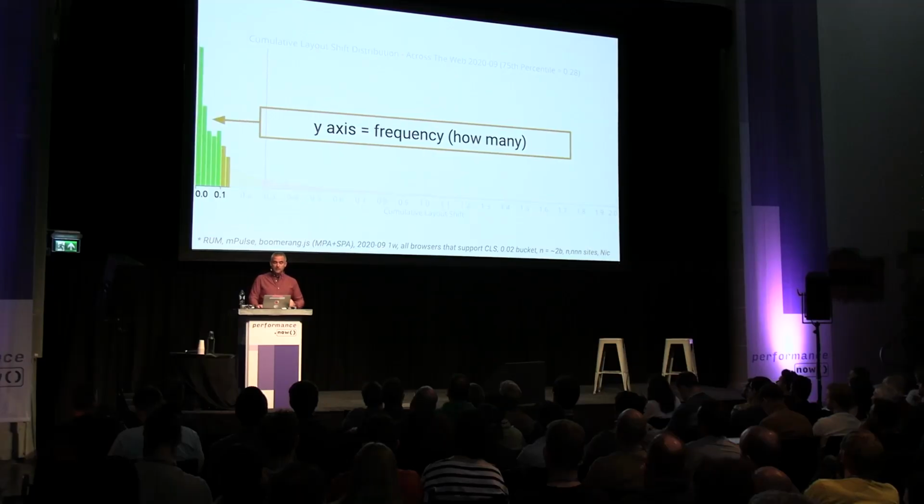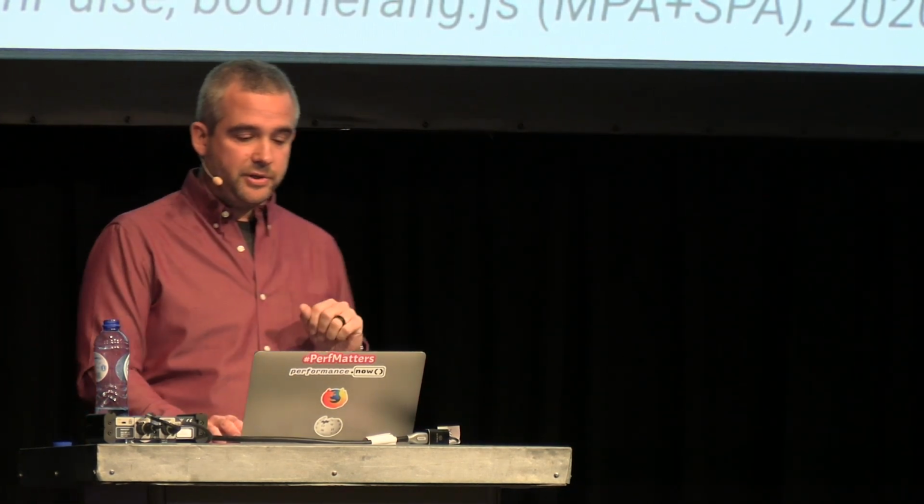So this is showing cumulative layout shift bucketed by the value of CLS. The y value, the height of the bars, is the frequency in our data that we see CLS values within that range. So the higher the bar, the more frequently that bucket gets hit. I include a vertical line at around the 75th percentile, because that's the percentile that we measure Core Web Vitals at.